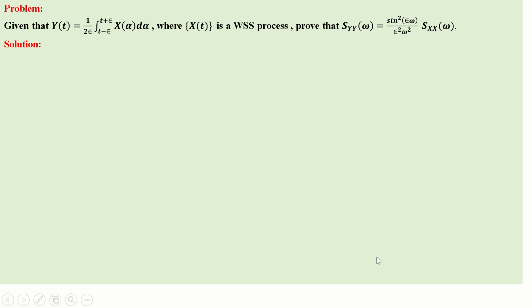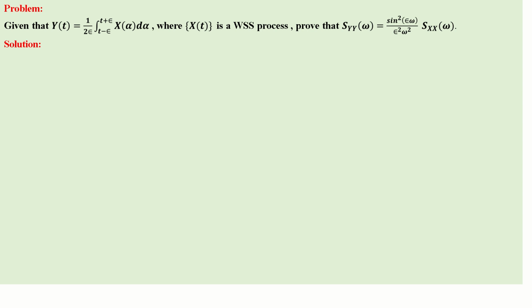Problem. Given that y(t) = 1/(2ε) ∫ from t−ε to t+ε of x(α) dα, where x(t) is a WSS process, prove that S_YY(ω) = sin²(εω)/(ε²ω²) S_XX(ω).